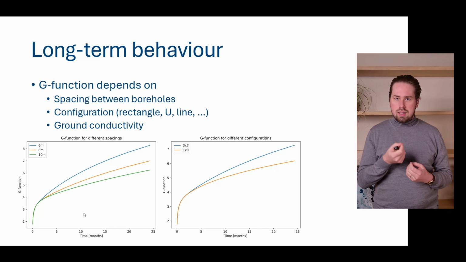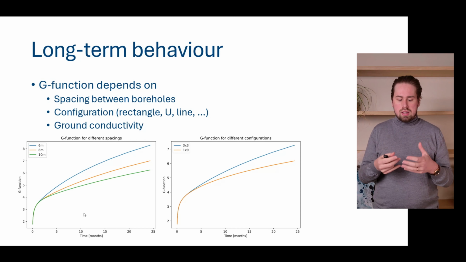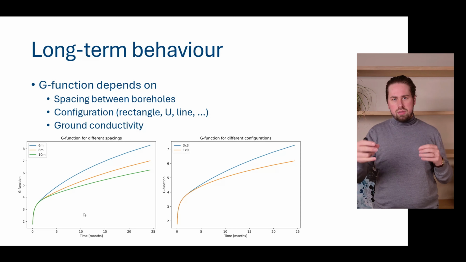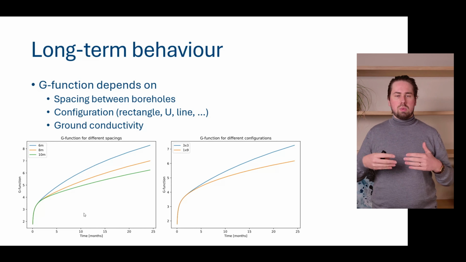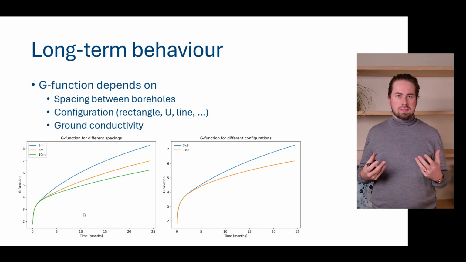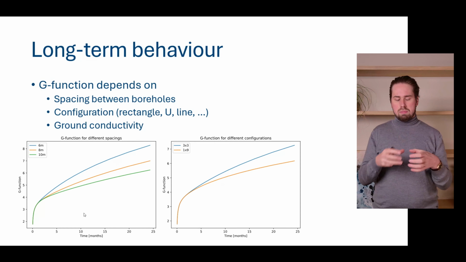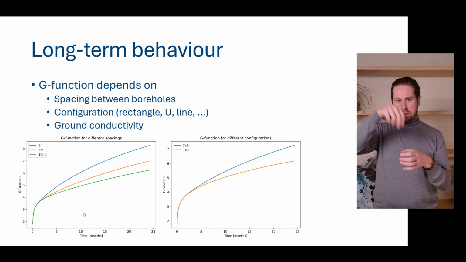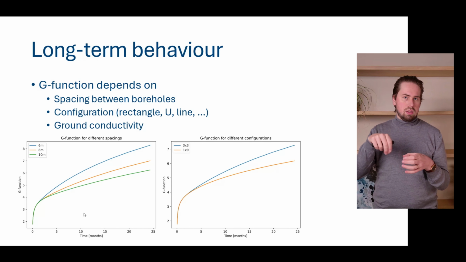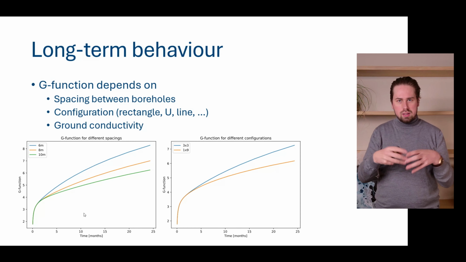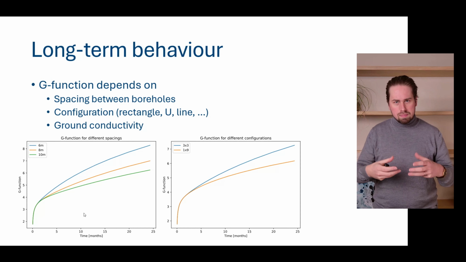And this is because instead of having the thermal interaction between all the boreholes, here we have more interaction with the infinite ground. If our boreholes are packed densely together, the borehole in the middle cannot exchange its heat with the surroundings. So this bore field in total will heat up sooner.